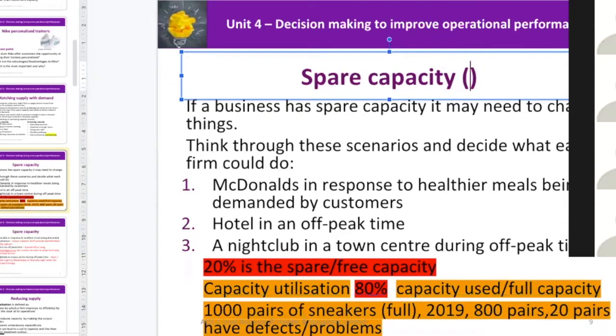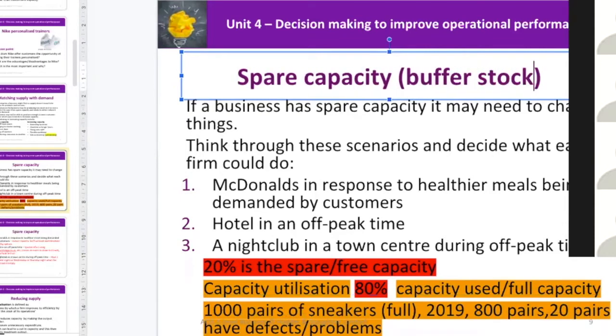We call this buffer stock. It gives us spare capacity to reproduce the ones that have problems. It is a good thing for us to have, but at the same time, it can be a waste. If we can't use this 20%, it can be waste as well.